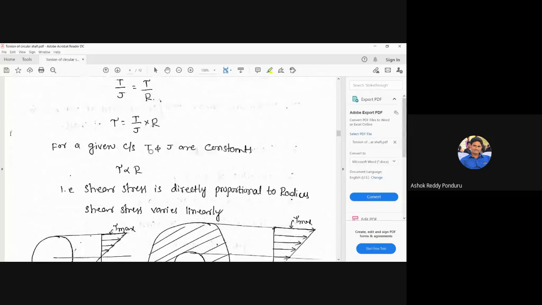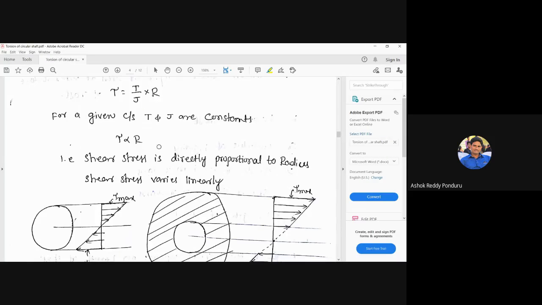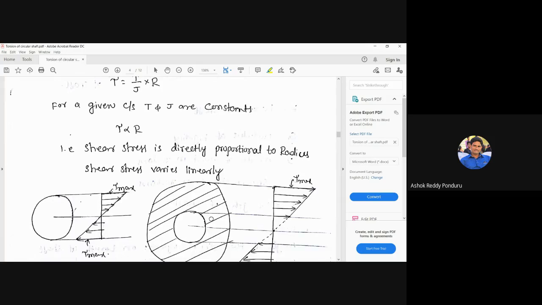For a given cross section, T and J are constants, that means tau is directly proportional to R. From this relation, we can draw the shear stress distribution diagrams. The shear stress is directly proportional to the radius, and it varies linearly.